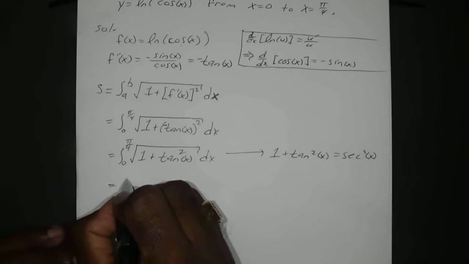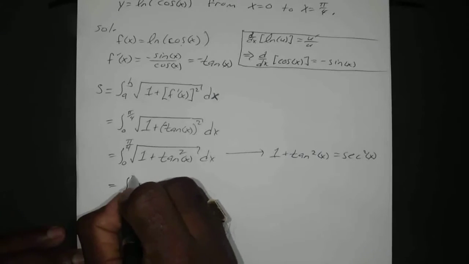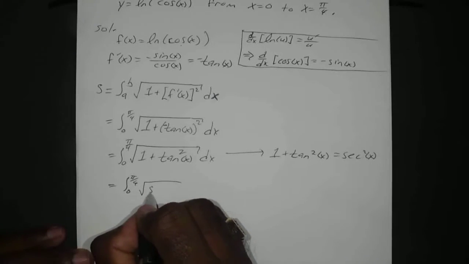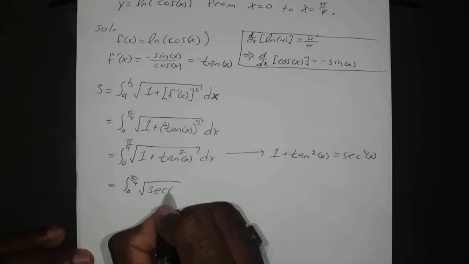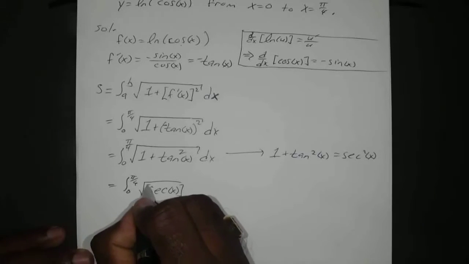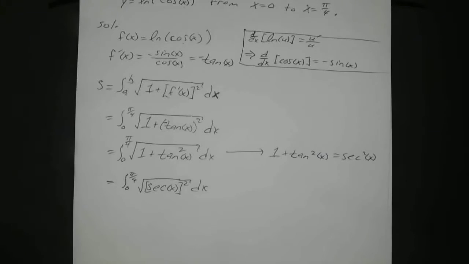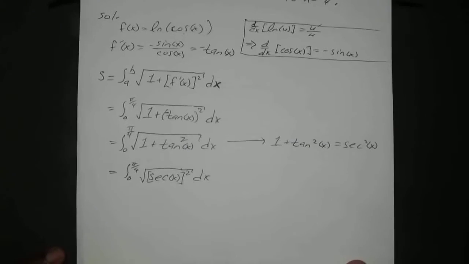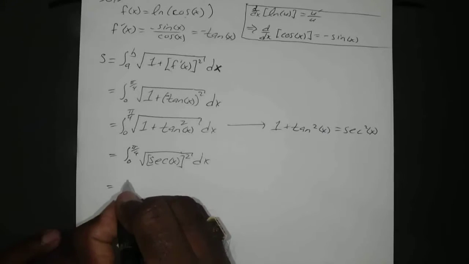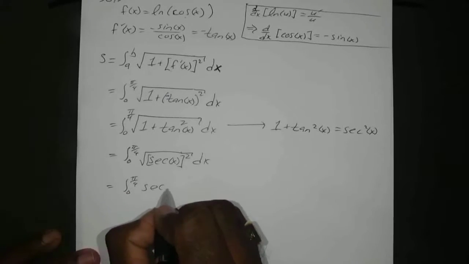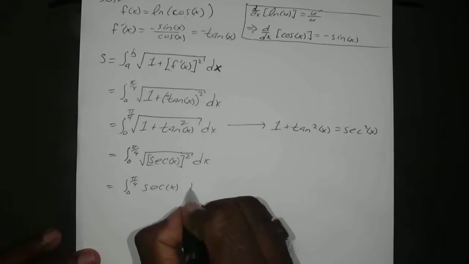Okay, so you have the integral from 0 to pi over 4 of the square root of secant squared of x, or secant x squared, however way you want to write it. Doesn't matter, because the square and the square root will cancel each other out. So you end up with the integral from 0 to pi over 4 of secant x dx.